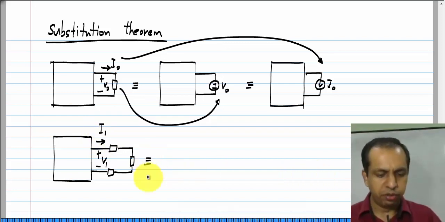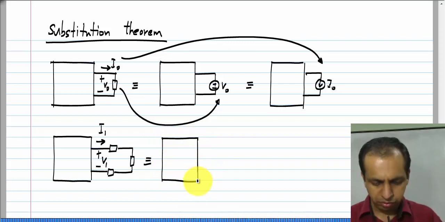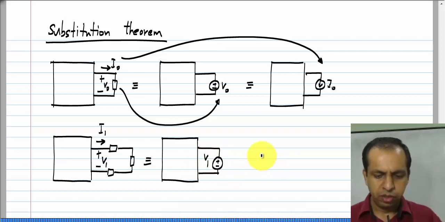Now, this is exactly equivalent to, I can replace all these 3 together with a voltage source of value V 1.